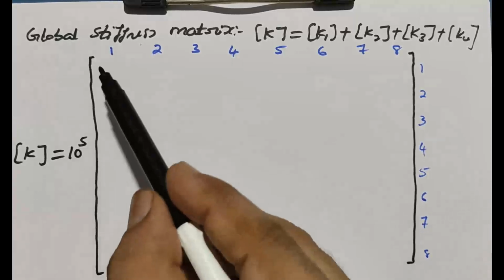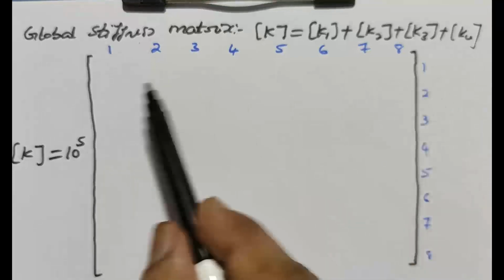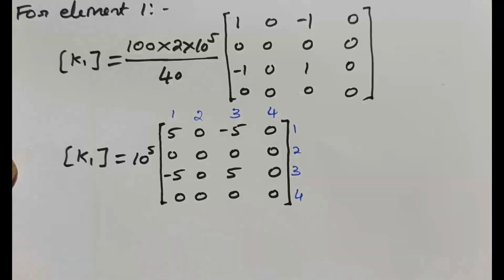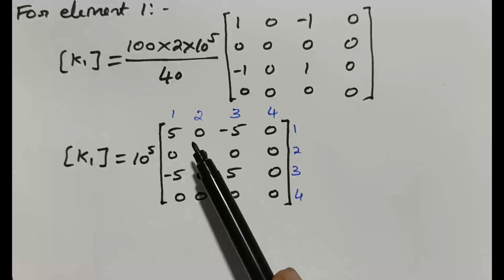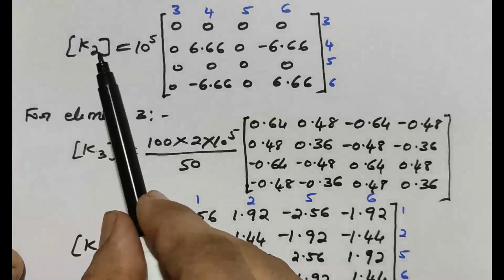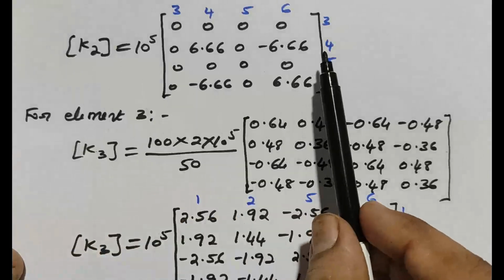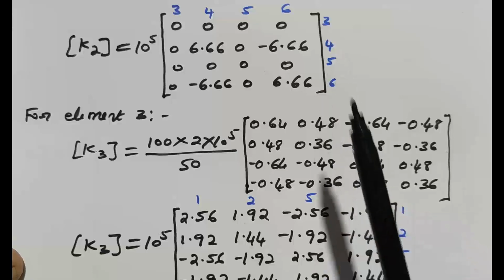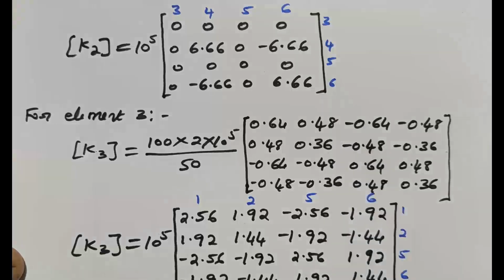First we need the element corresponding to 1 and 1. See the elemental stiffness matrix for first element. Here the element corresponding to 1 and 1 is 5. In K2 we don't have any element corresponding to 1 and 1. But in K3 we have element corresponding to 1 and 1, that is 2.56.